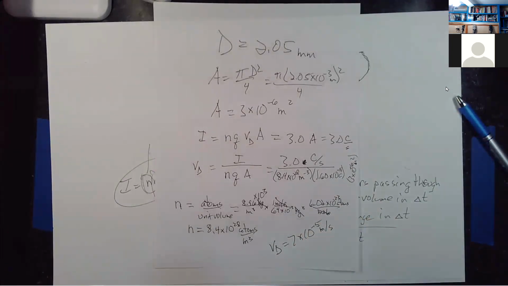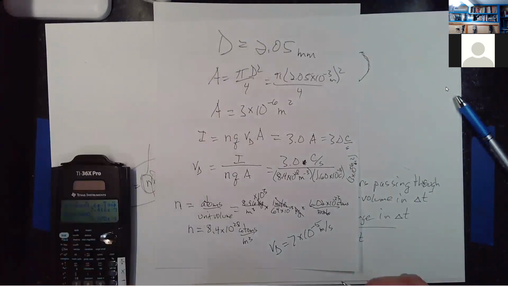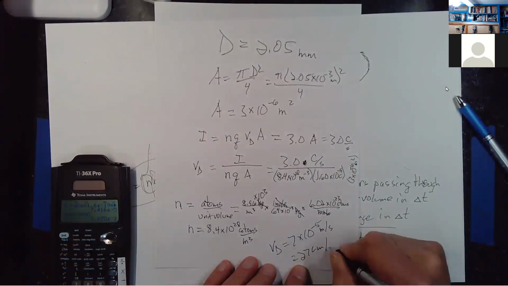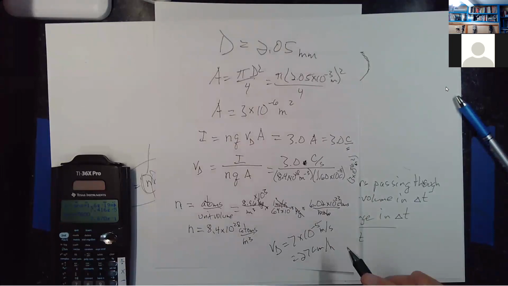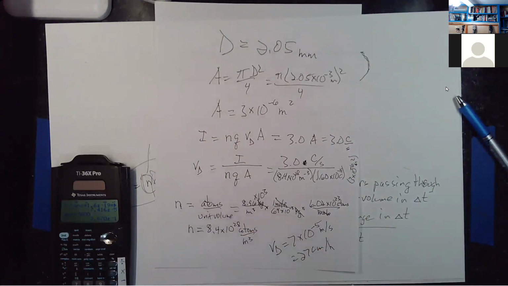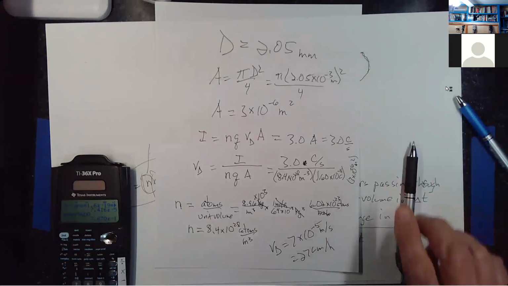If you multiply that by 3,600 seconds in an hour, you get about 27 centimeters per hour. That's a little higher than I thought it was, although I think there may be more than one charge carrier per atom in copper, which would knock this down a little bit.